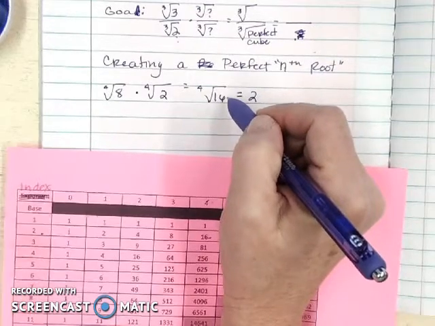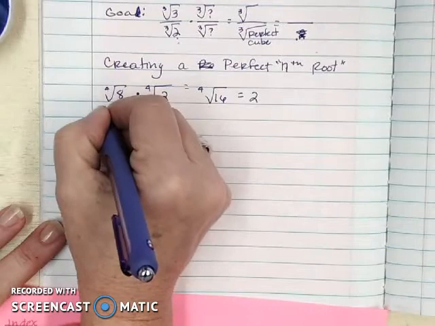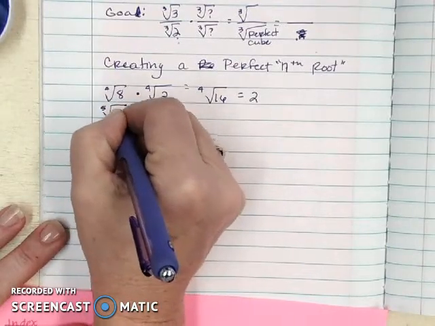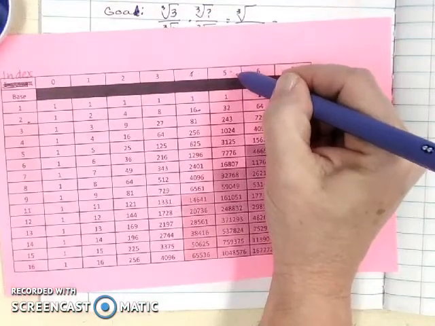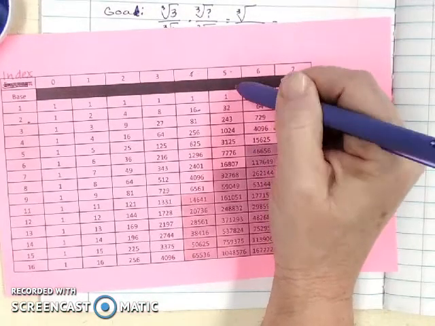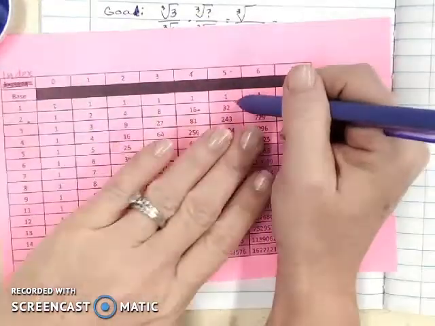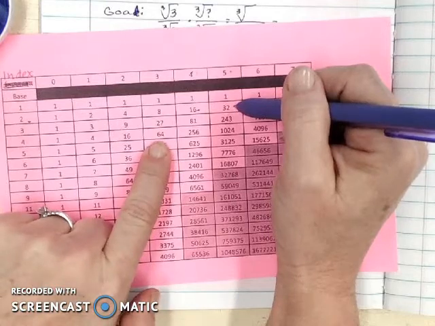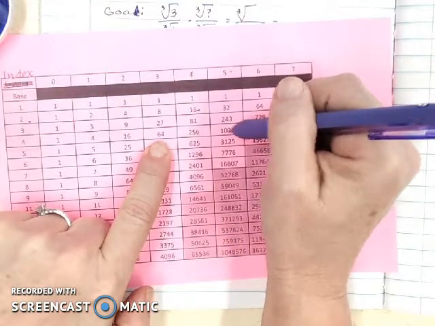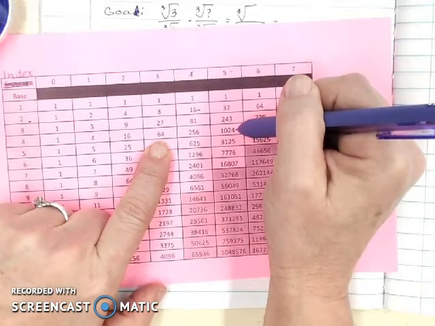So let's do another one. If I take the 5th root of 64, so I'm going to go into my index of 5, and 64 is not in that column. But if you look back over here and find 64 right here, see that 64 will turn into a 1024 if I multiply it by something.